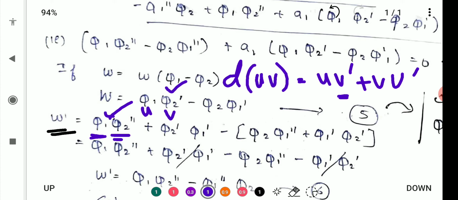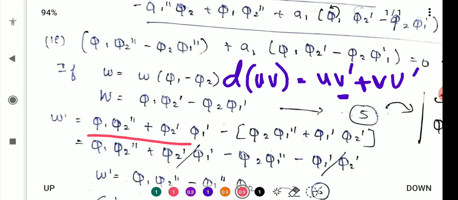So we get phi2 double dash, plus v into u dash. Here v means phi2 dash and u dash means phi1 dash. After that I differentiate this term, and I get a minus symbol here.